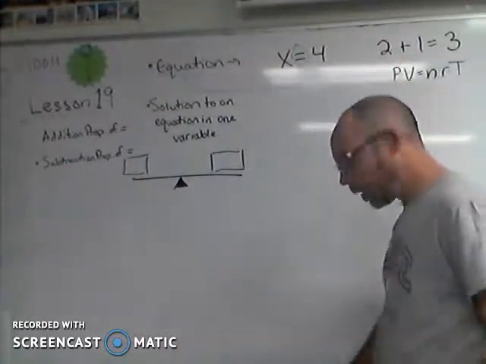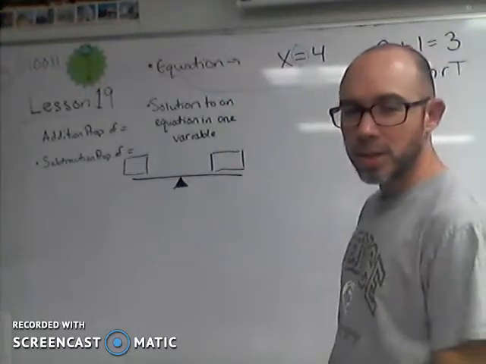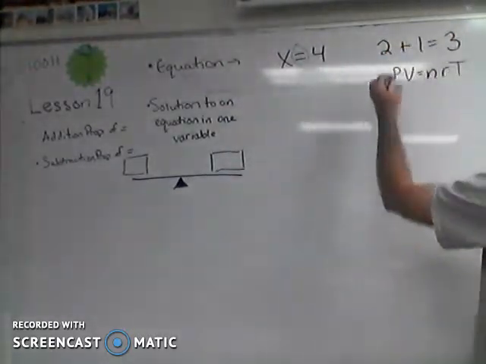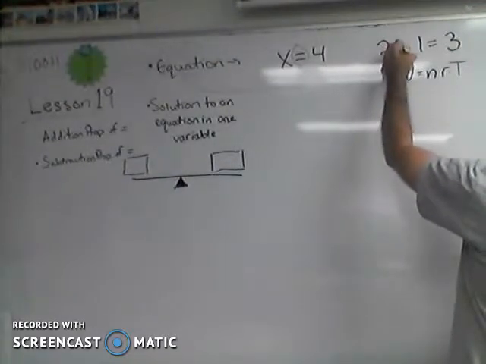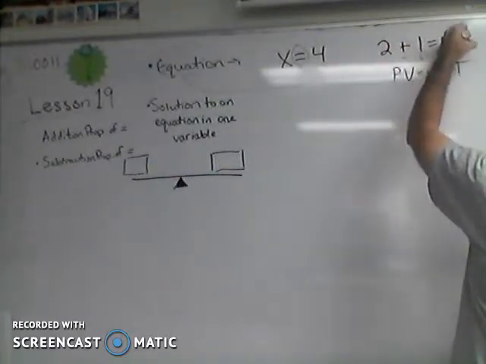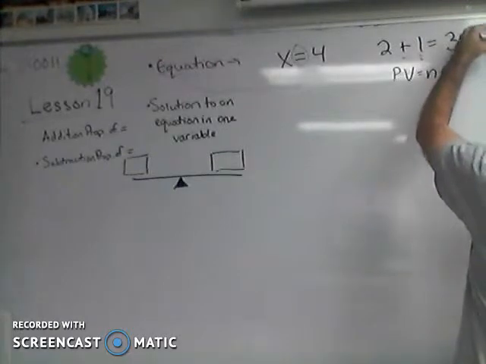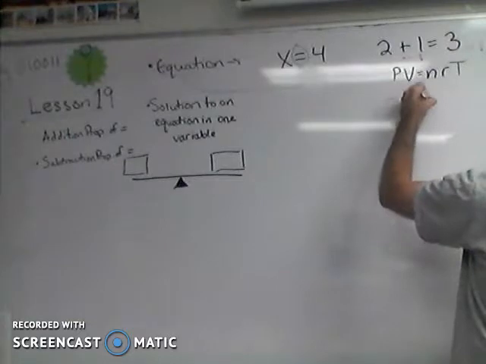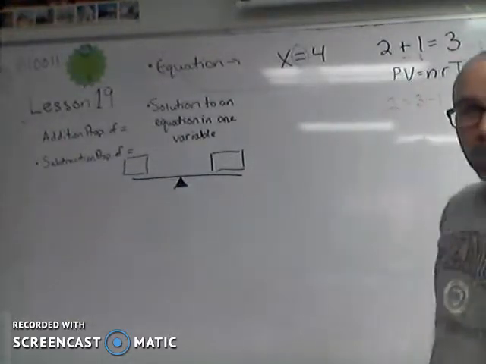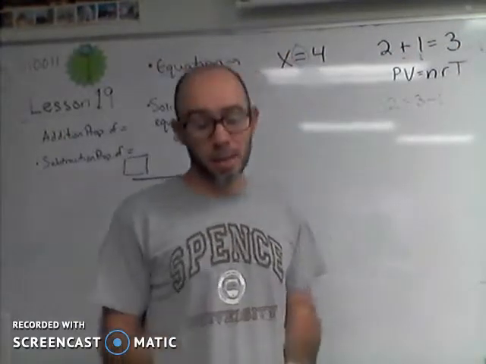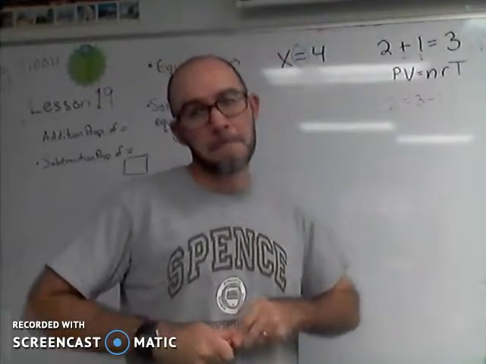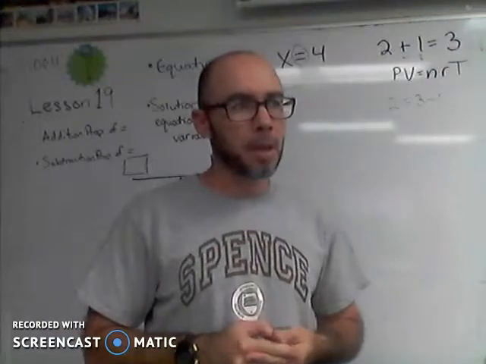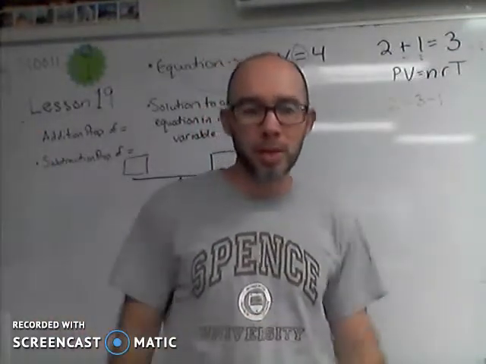Now, a nice thing about equations, especially if there's multiple pieces on one side, like 2 plus 1 equals 3, is that I can do something like this, and I can say, well, if I take away 1 from both sides, then I'll have 2 on one side, and I'll have the expression 3 minus 1 on the other. And that is still true, isn't it? So we're going to have today what you might call the do the same unto others.